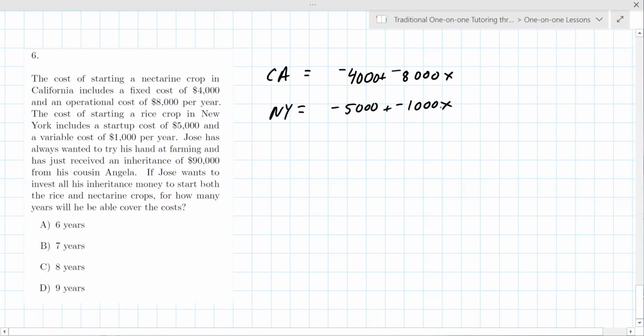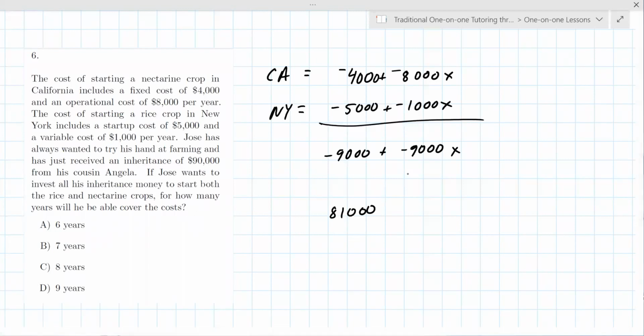Then I did negative 4,000 plus negative 5,000 is negative 9,000. So it went from him having $90,000 to $81,000. And then it was the $8,000 per year cost plus $1,000 per year cost to get $9,000 per year cost. So with $81,000, 81 divided by 9 is 9.